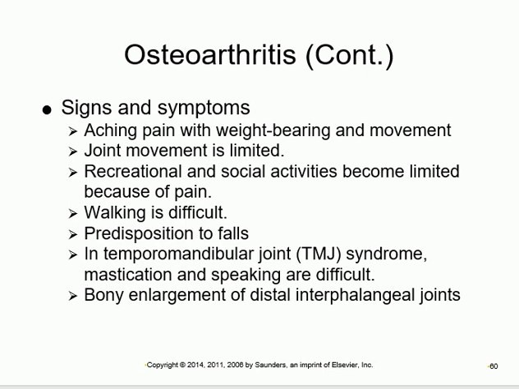What's the most frequent location? Which joint? Knee. The knee is the most frequent location because it is weight bearing. Your weight will go like this and goes mainly on your knee. So this is the most frequent, but it's big joints in general.